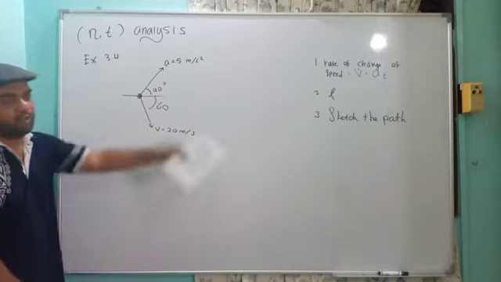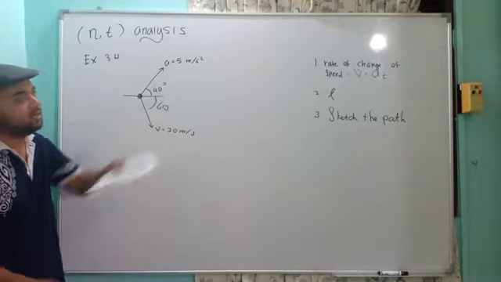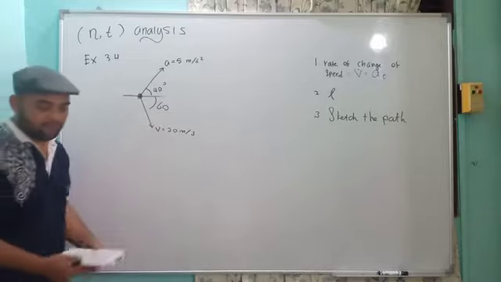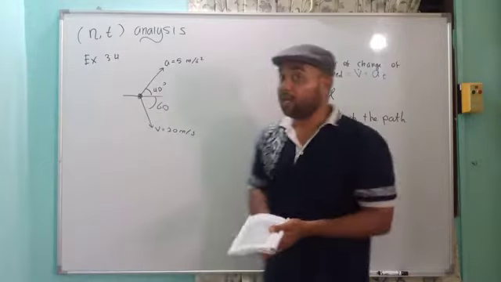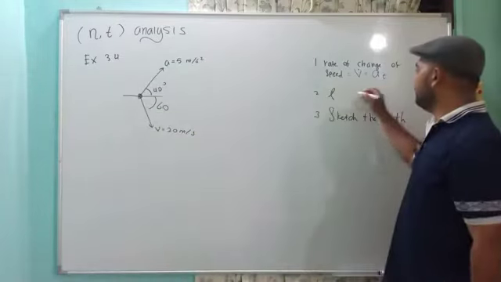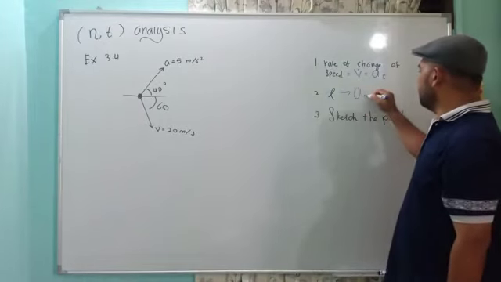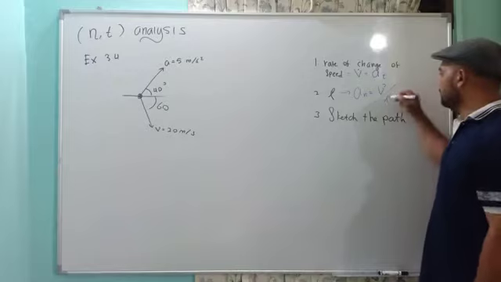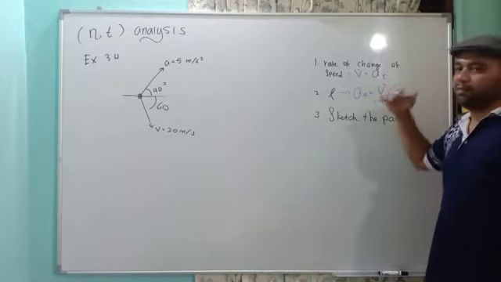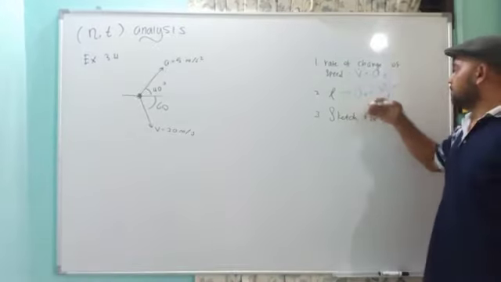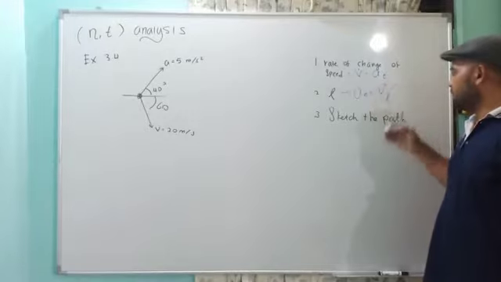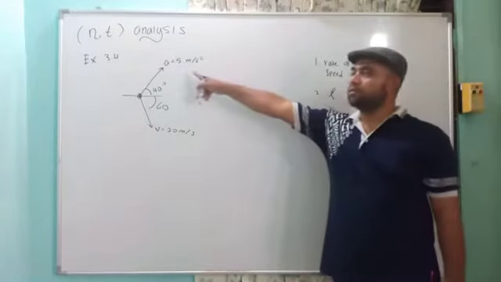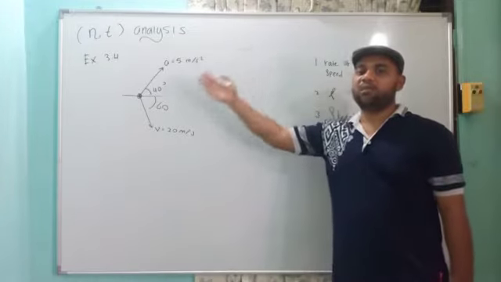For rho, you use A normal equals V squared divided by rho, so you have to understand and memorize this equation.